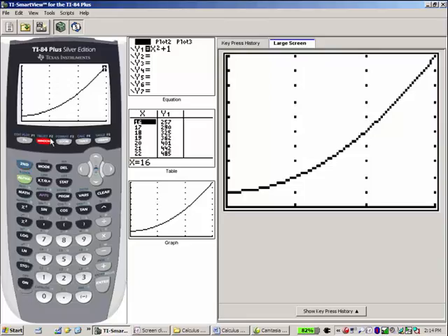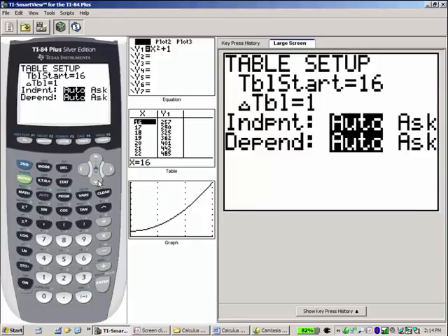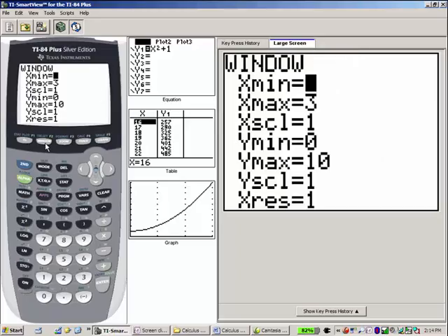I'm going to go to my window, and I'm going to put my X scale at 0.5 and my Y scale at 0.5.